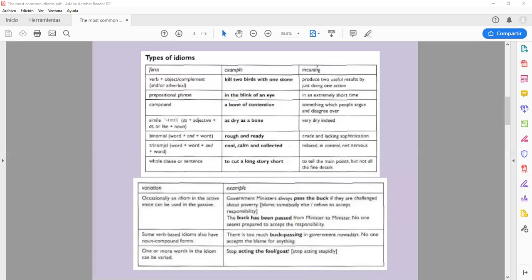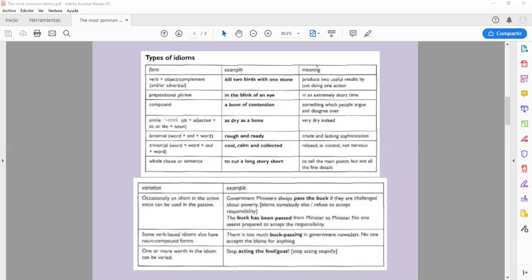I got dressed in the blink of an eye, and I went to work. Okay, let me write it in the chat. That's my example. All right, so, Brenda, that's it: en un abrir y cerrar de ojos. Pretty good, Brenda.